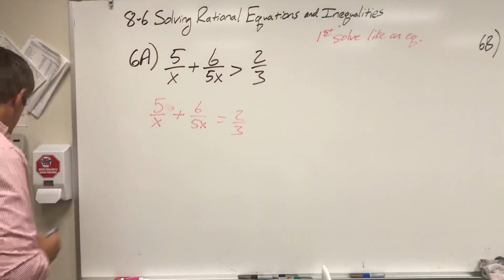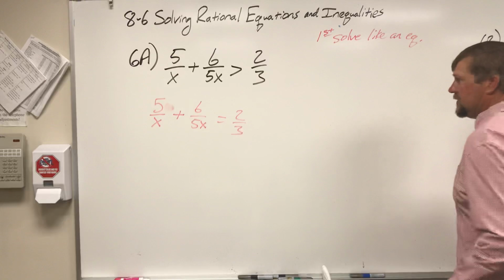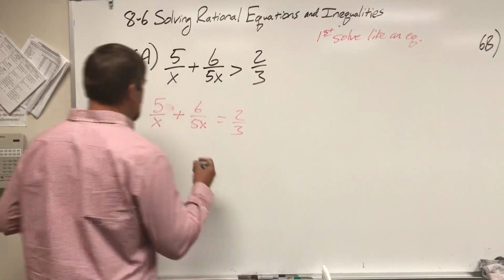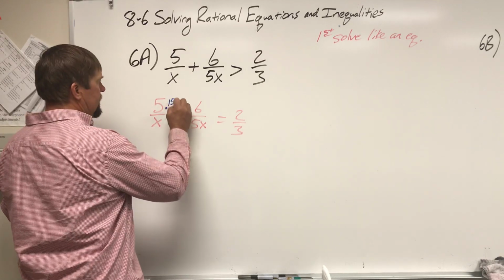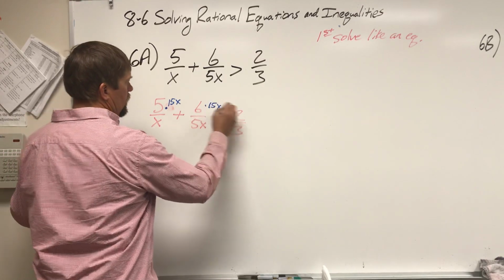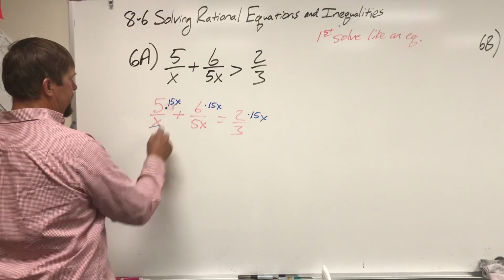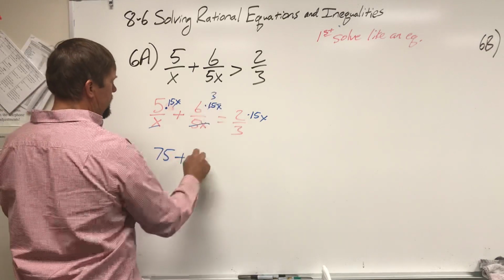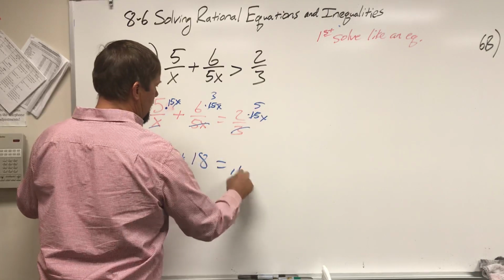Just like we did the last 6 examples, we're going to multiply everything by the least common denominator, 15x. So I end up with 75 here. 5x goes into there 3 times, so 18 equals 5x, 10x.